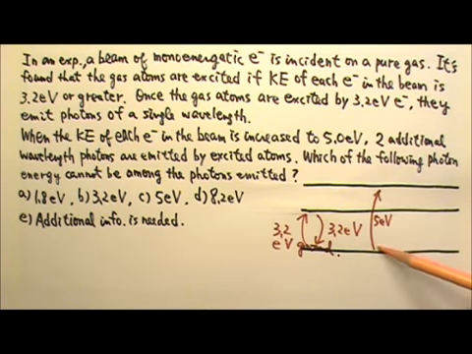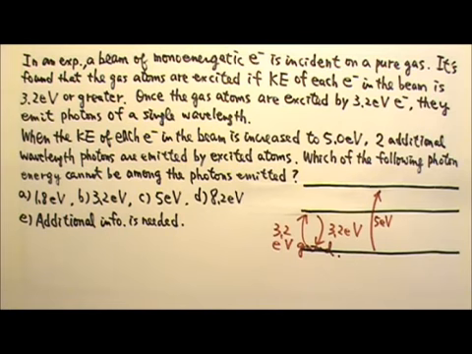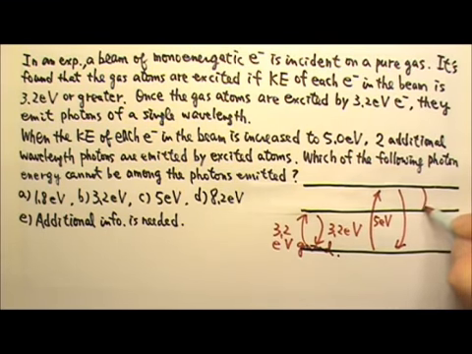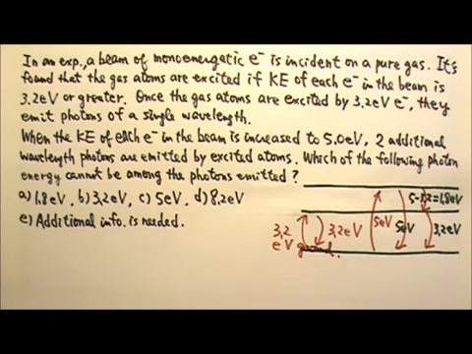So the excited atoms can go through 3 different transitions: straight down to the ground state, or down to here and then down again. So the energy of the photons emitted can be 5 eV, 5 minus 3.2 equals 1.8 eV, and 3.2 eV. So the energy cannot be 8.2 eV. The answer is D.